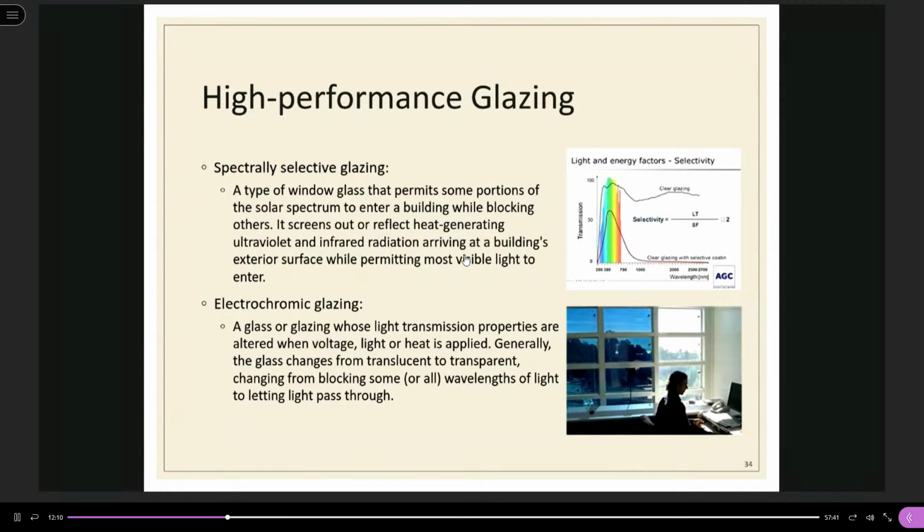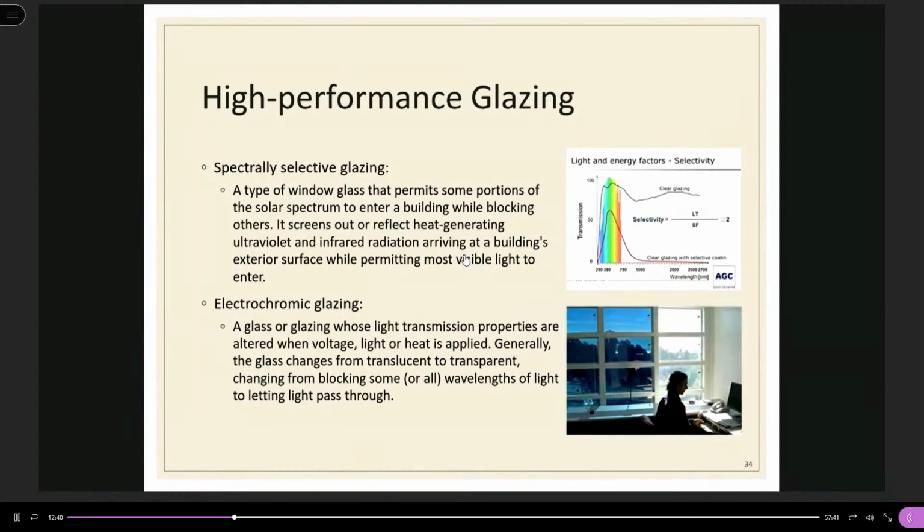Some more examples of high-performance glazing. Spectrally selective glazing. Spectrally means about the wavelength, the spectrum. So spectrally selective glazing is a type of window glass that permits some portions of the solar spectrum to enter a building while blocking others.